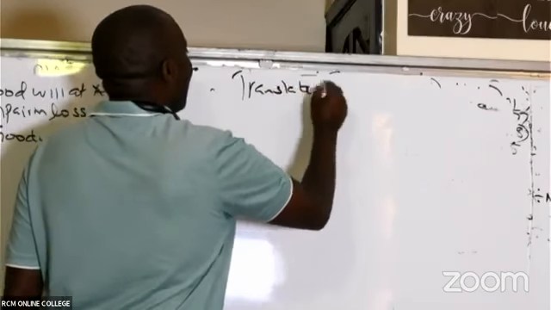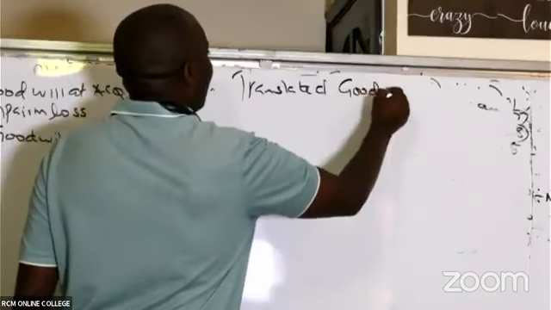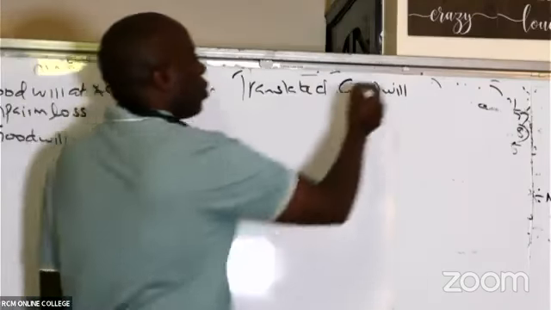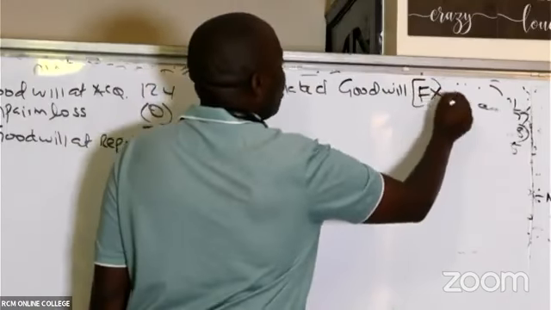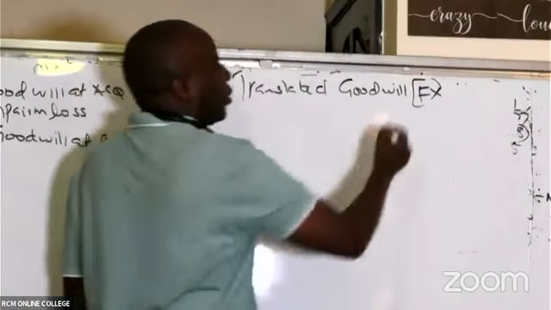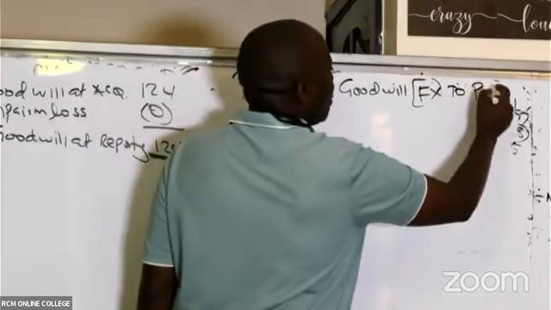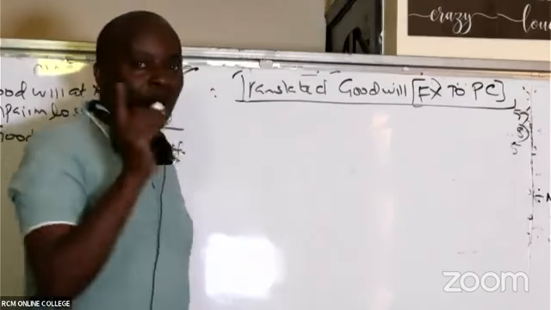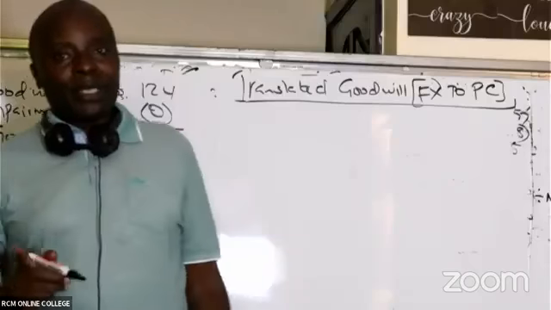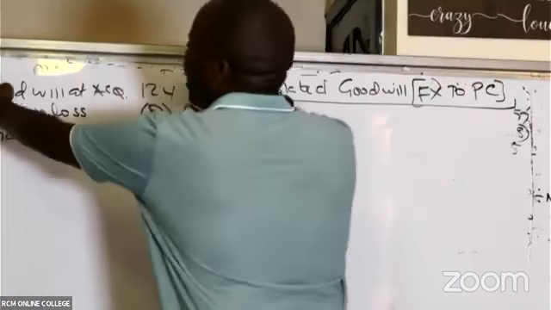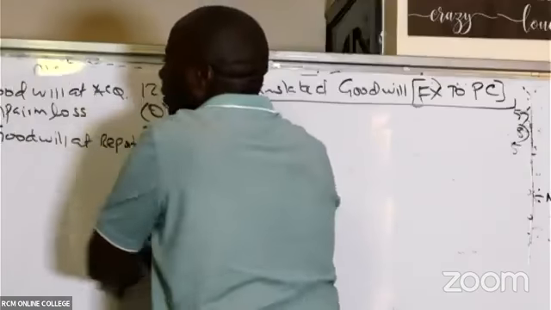Now it's from foreign to home. If I were you, I would talk about FX to presentation currency, to home currency. Home is where the parent is based. So we copy this section alone the way it is.